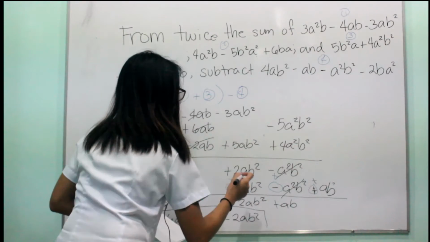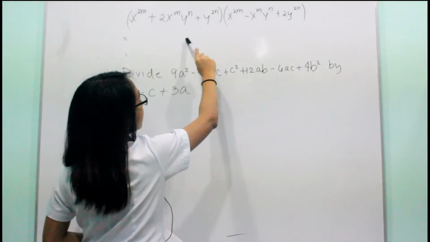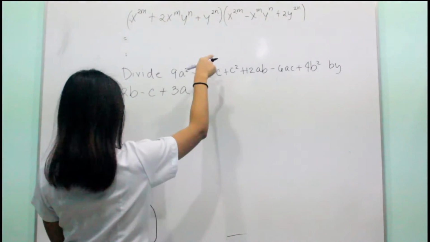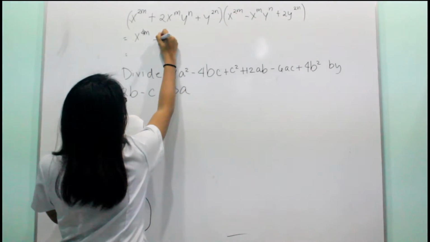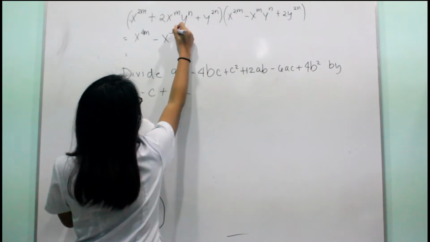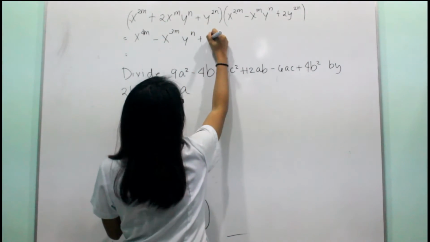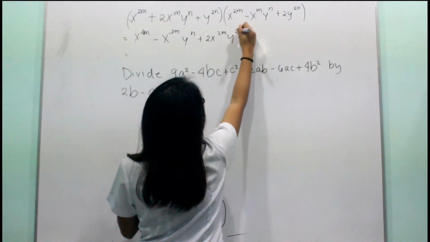Change it into standard. So when multiplying polynomials, distribute every term to the second polynomial. So distribute x raised to 2m to the second polynomial. So x raised to 4m minus x raised to 3m y to the n plus 2x raised to 2m y raised to 2n.